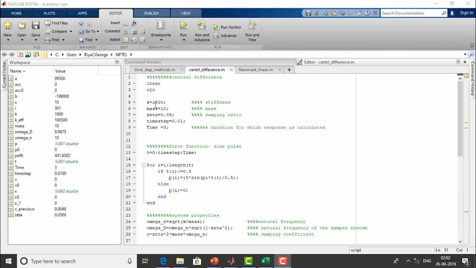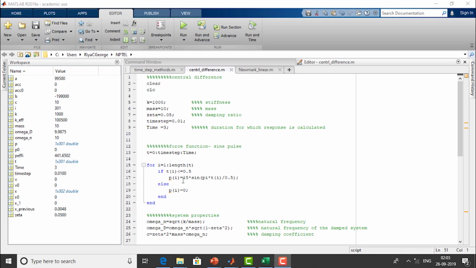As we did earlier, we can assign the values of the known parameters, that is stiffness, mass, damping ratio, time step, and the duration for which we need the response. Here I am calculating the response for 3 seconds, and our forcing function we can define.